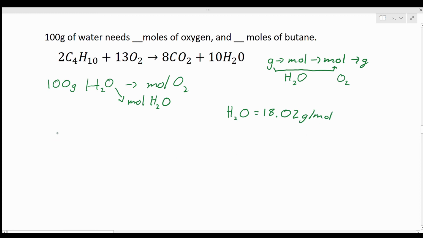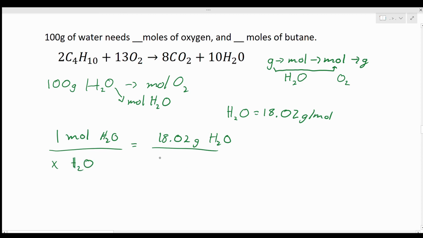So we know that in 1 mole we have 18.02 grams of water, and in some number of moles of water we have 100 grams of water.